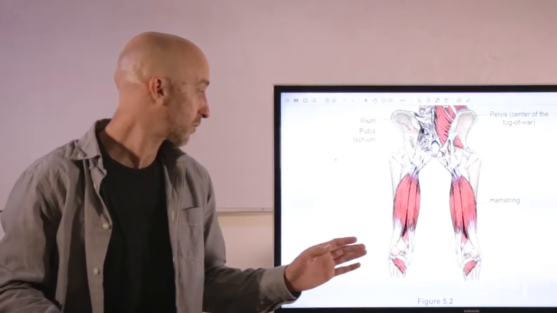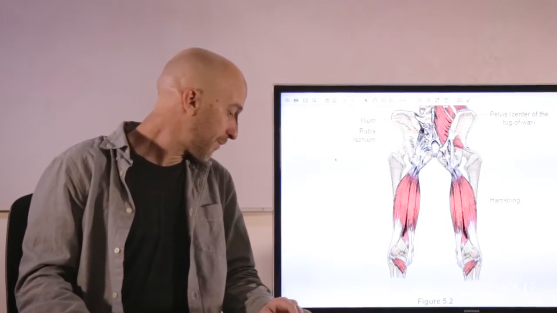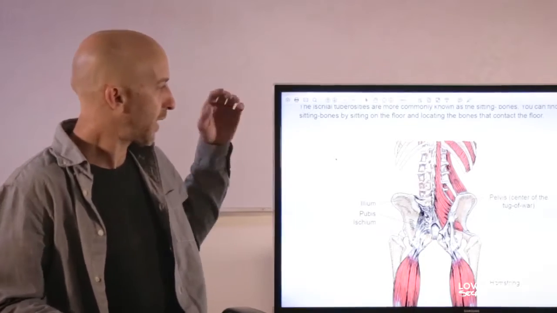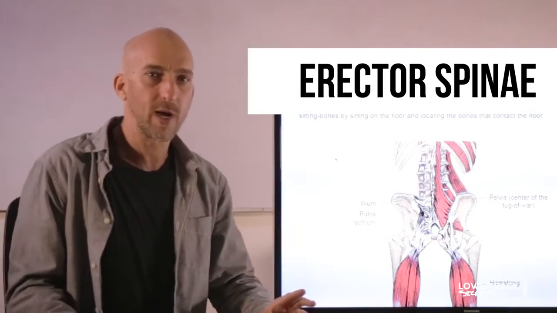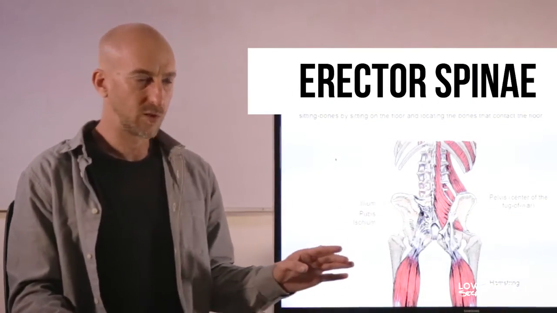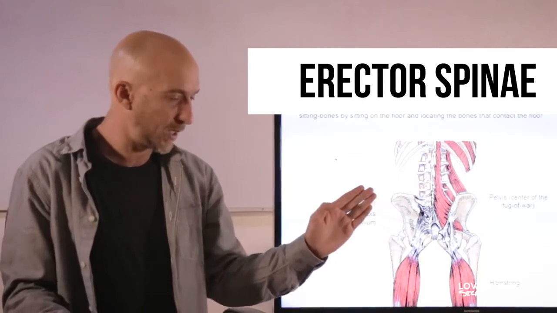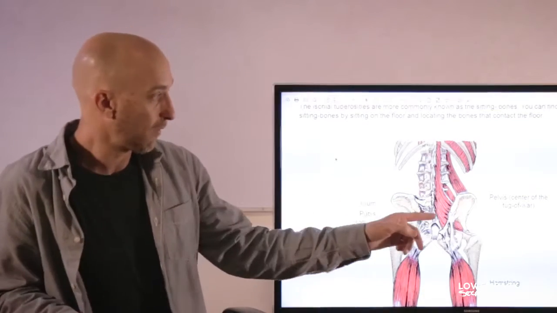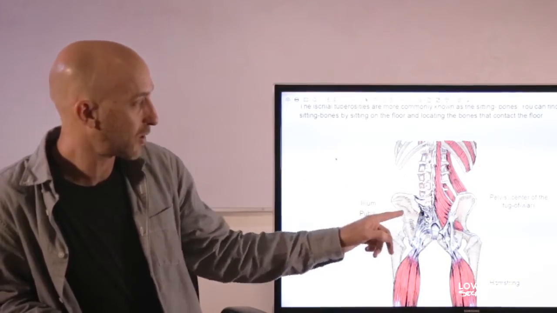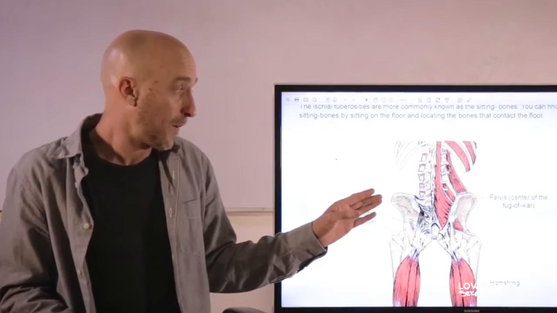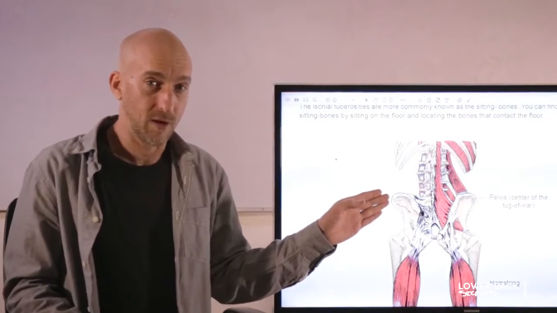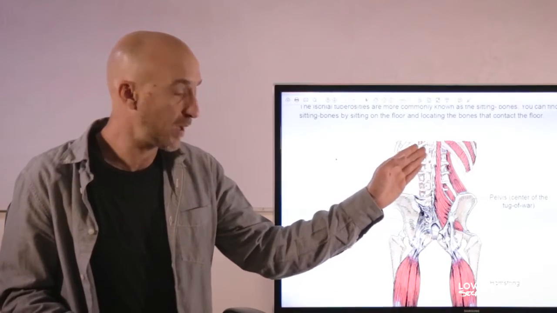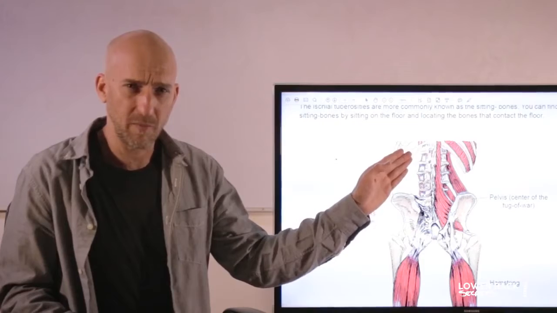So we have the hamstrings group, and then kind of up along your spine here is a group of muscles called erector spinae. And the erector spinae group is the group that is structurally keeping your spine straight. They're vertical muscles that run up and down your spine, and you can feel pain here. Many people do. This is not one of the sources of the profound back pain.